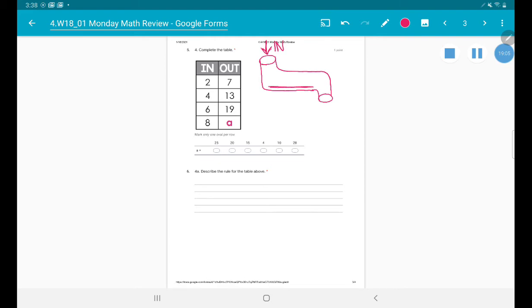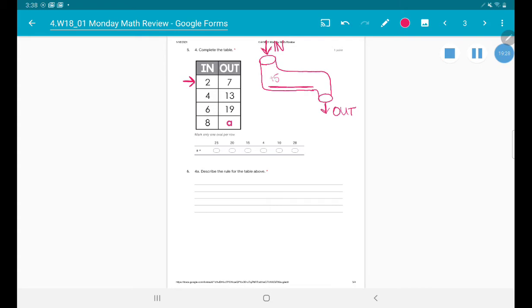That's going to be my rule. And I'm going to get a different number out. So if I look at my first set of numbers, if I drop in a 2, I have to figure out what could happen to get out a 7. So I'm just thinking here, I could do 2 plus 5. That would get me 7.